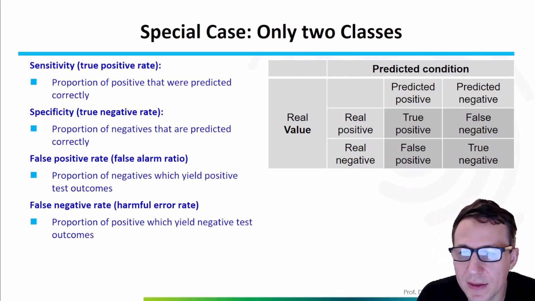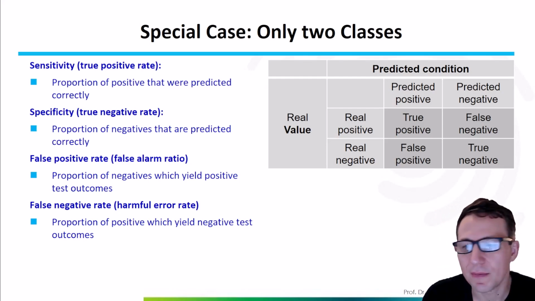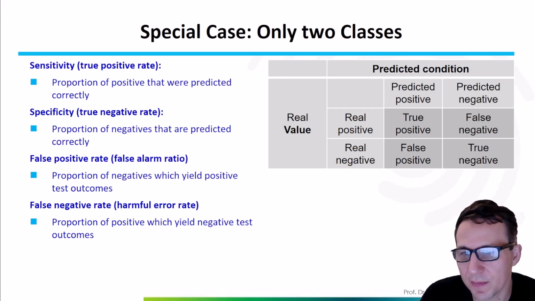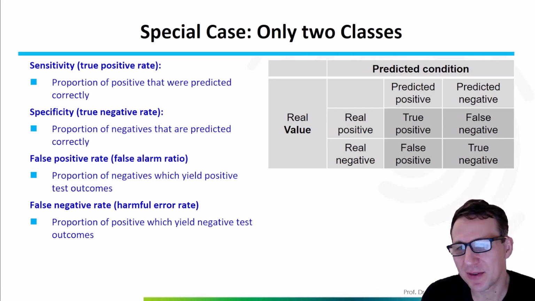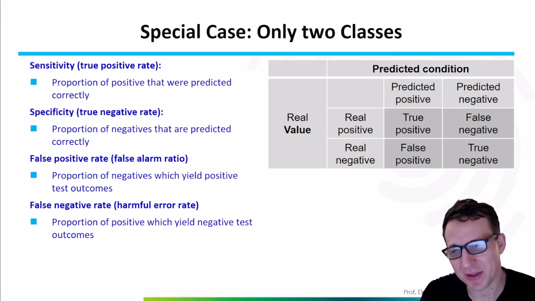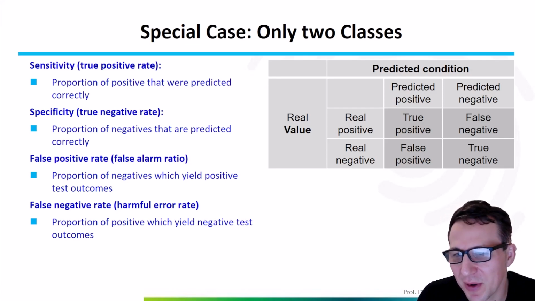For these two classes, we usually talk about the positive class and the negative class, to make it kind of simple. And what's your positive and what's your negative class is often up for debate. Let's talk about an HIV case. So HIV positive might be the positive class, but it's not really associated with some kind of positive outcome. That's a matter of definition, what your positive class is.